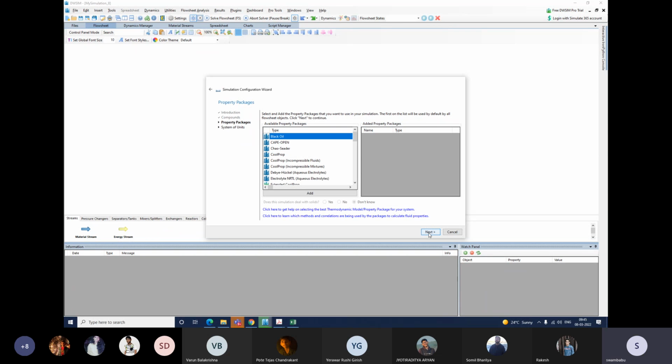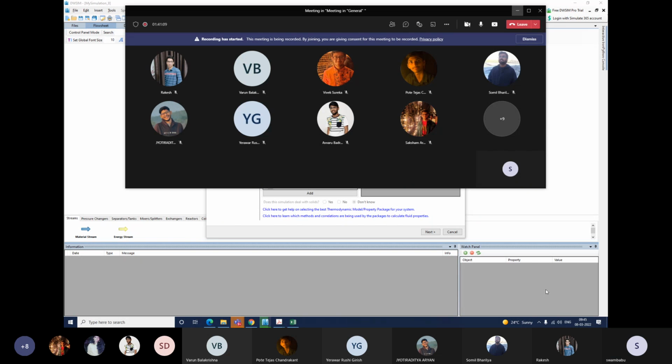Then go to next. Which property package will we use here? Apart from Warren, anyone can answer me. Which property package should I use here? That is the important basic step in DWSim.